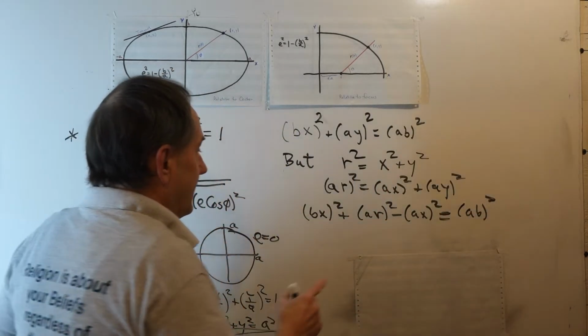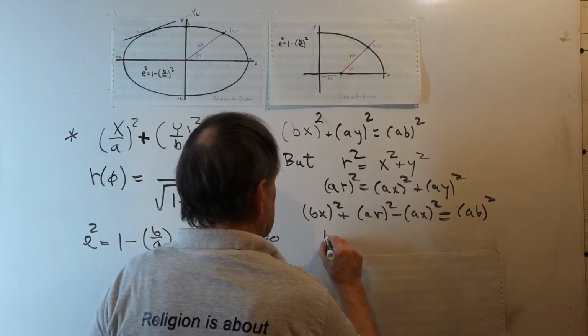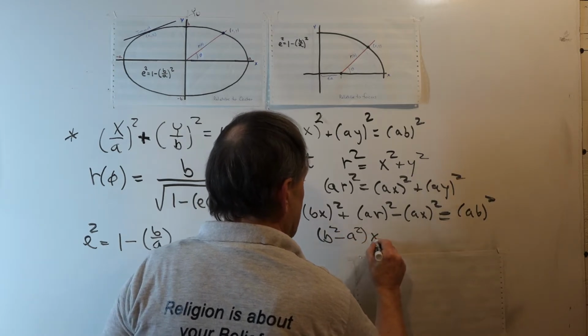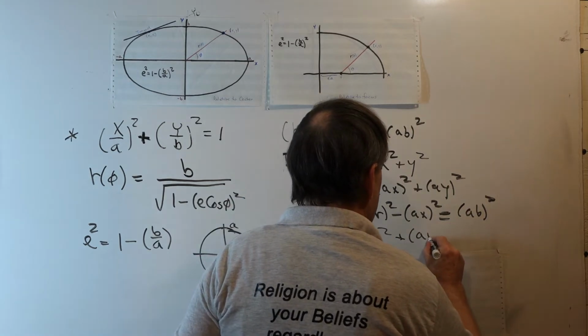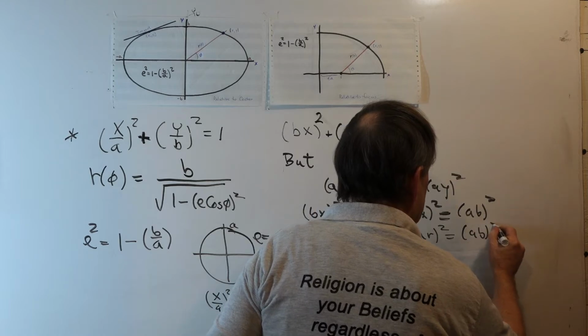Now we can combine our x's, so this becomes b squared minus a squared times x squared plus a r squared is equal to a b squared.